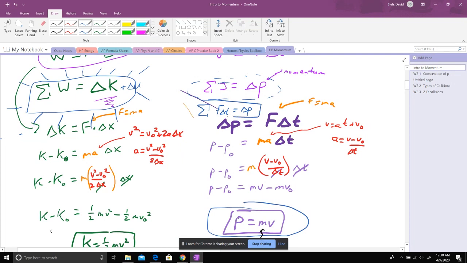This is going to be the central formula for this unit. For whatever reason, people don't tend to use the symbol J for impulse very much. They almost always just immediately plug in F delta t. I think we're so used to always working with forces that they just automatically start plugging that in.